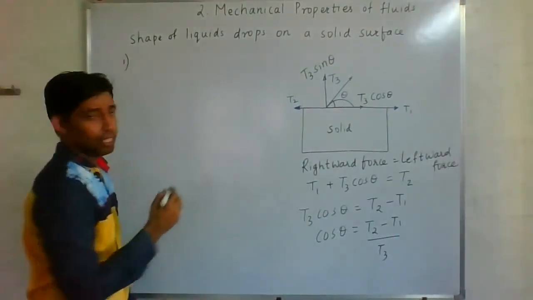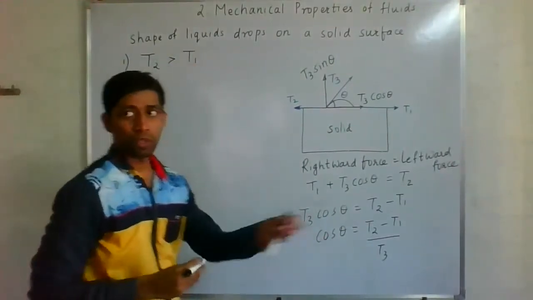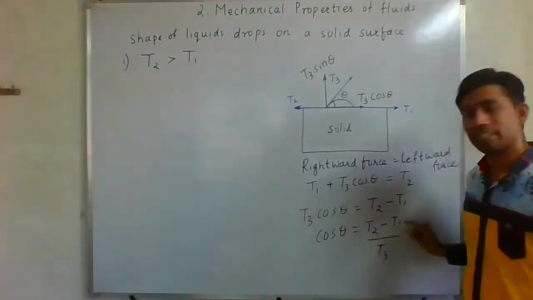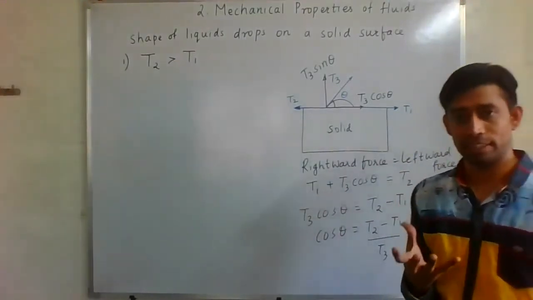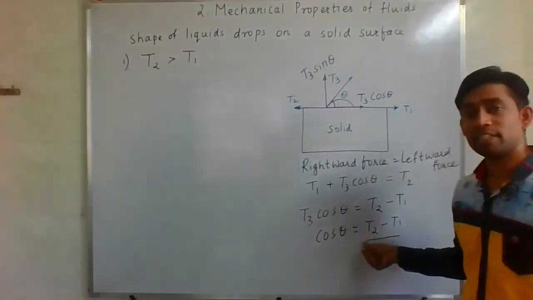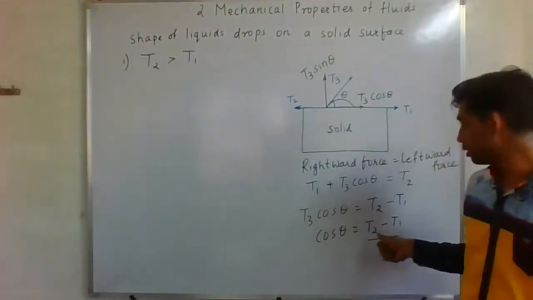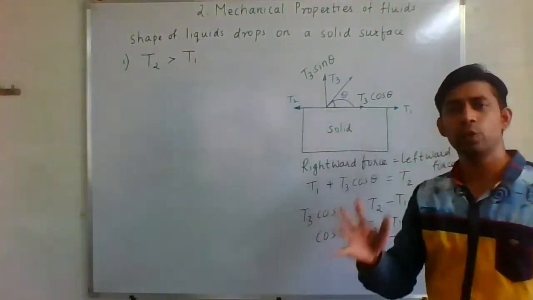First case is, let us consider T2 greater than T1. If T2 is greater than T1, then when you subtract these two values, obviously cos theta will come as positive. I hope you understand. Let us consider T2 as 2, T1 as 1, 2 minus 1 is 1, and divided by T3, let it be root 2.